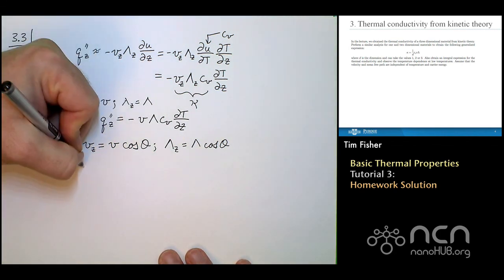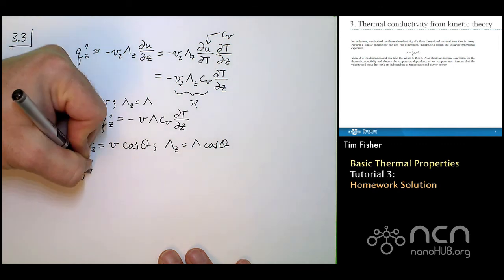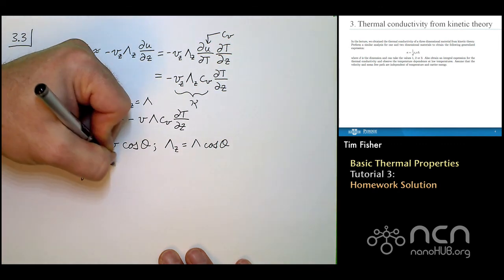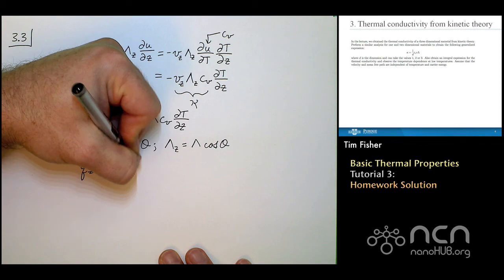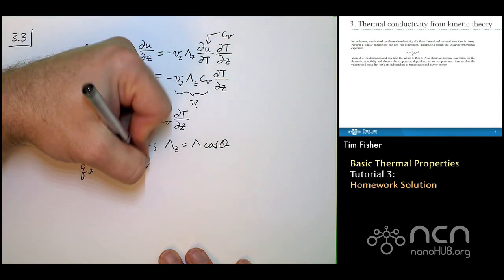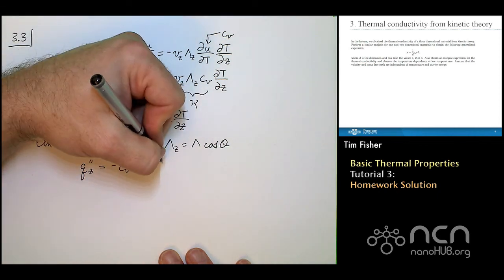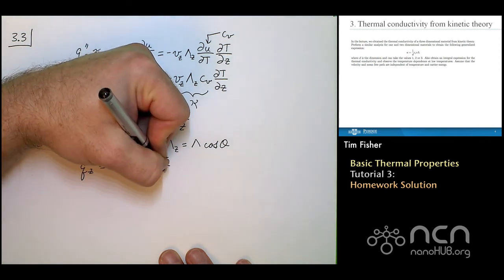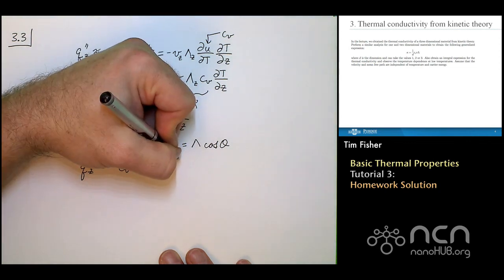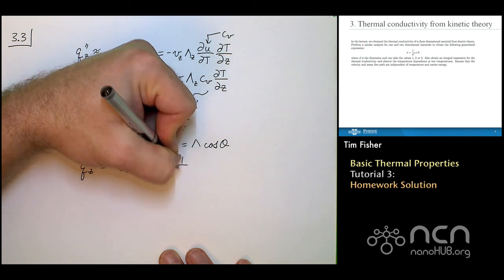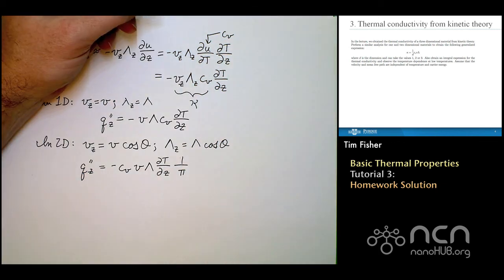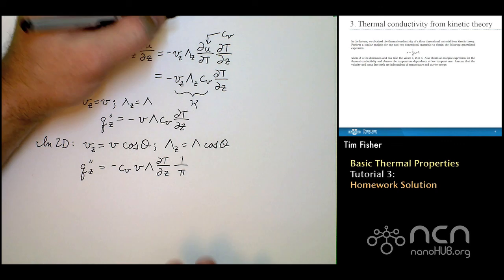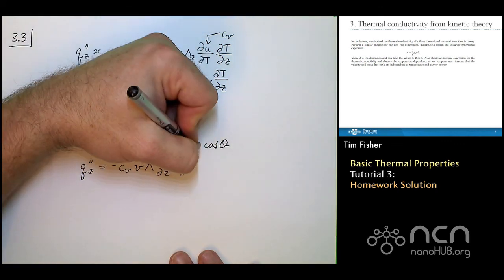And so this heat flux is going to equal minus C_V times the overall velocity, the overall mean free path, the temperature gradient, and then this averaging we'll do at the end. That'll be 1 divided by π, because we're going to look at just a half space in 2 dimensions.